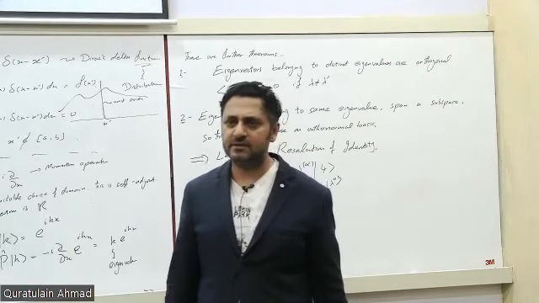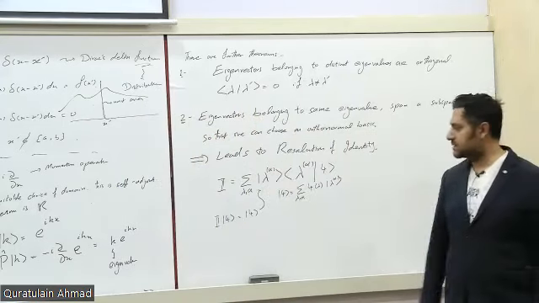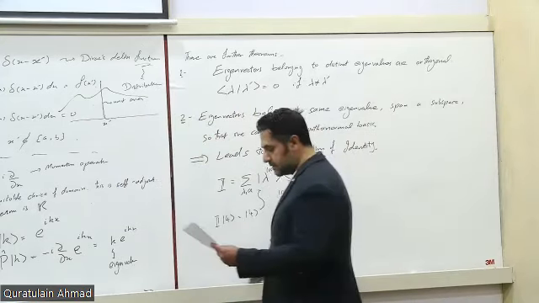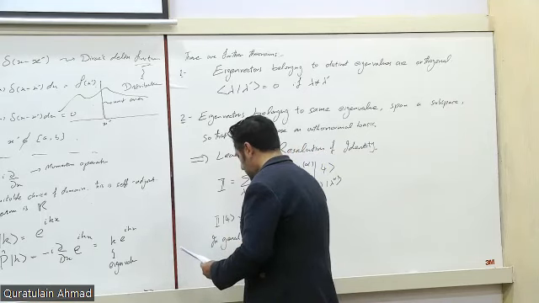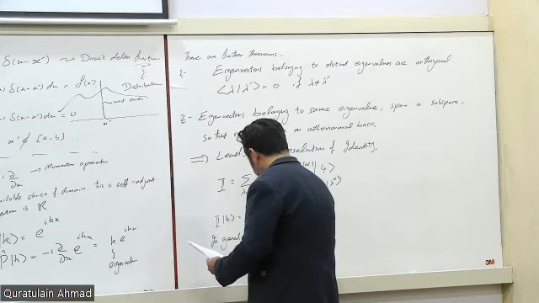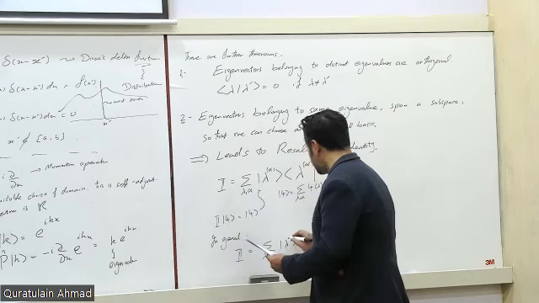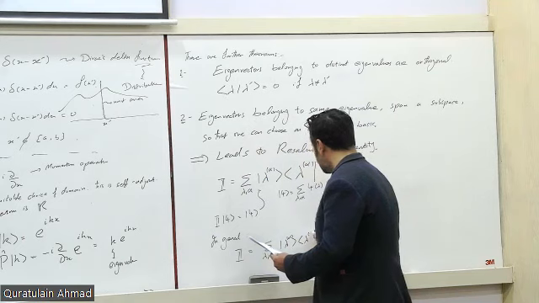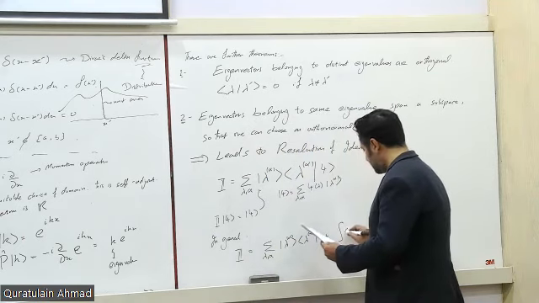But most operators are not compact, not even bounded, so they have both parts. In general, this completeness looks like this: on the discrete part, you just write the same thing.